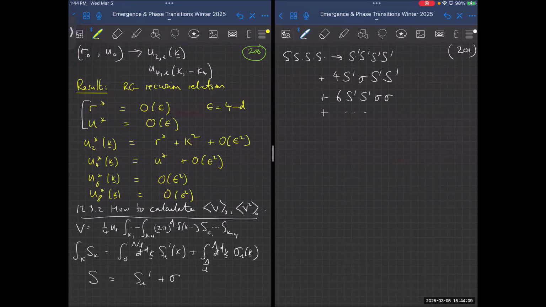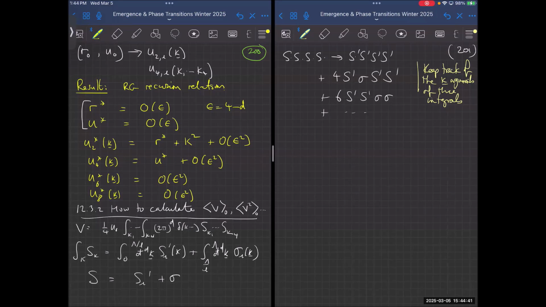One is from naught to lambda over L, and one goes from lambda over L to lambda. So we have to keep track of the k arguments of these integrals.